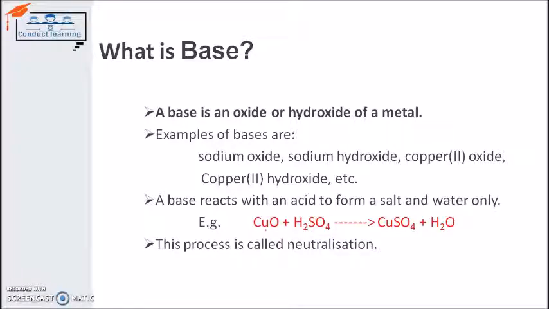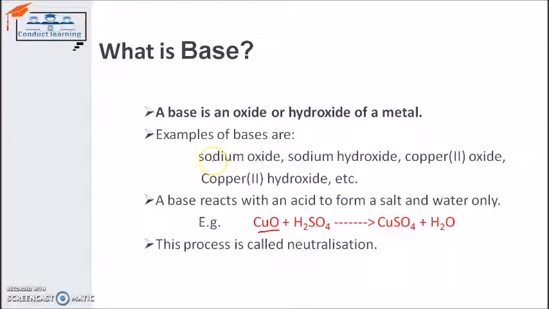So in short, the copper is reacting with the oxygen present in air, so that's why it is getting oxidized. Now it becomes a base. And when it reacts with sulfuric acid, H2SO4, it gives us copper sulfate and water. We have already done this reaction in the previous video, but here it is mentioned just to identify what bases are. So this copper oxide is nothing but a base.